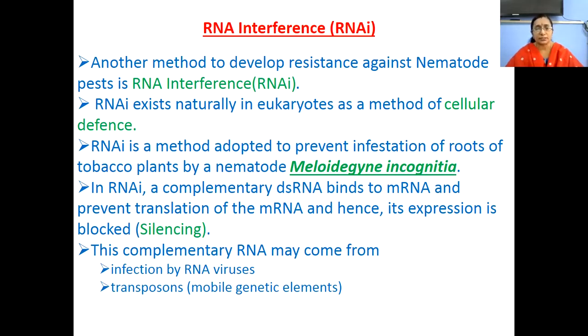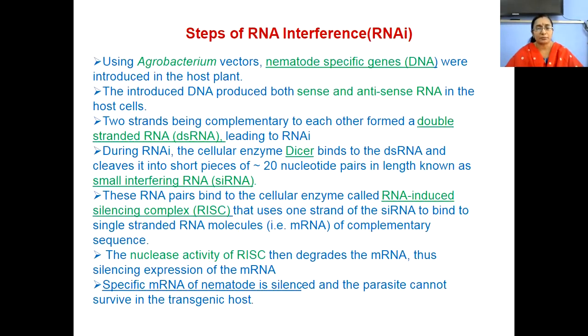Generally in RNA interference, if there is a double-stranded RNA, it will bind to the mRNA and prevent translation of the mRNA. We call it silencing. Normally in cells, this complementary RNA may come due to infection by viruses or sometimes from transposons, which you may have studied in the genetics chapter.